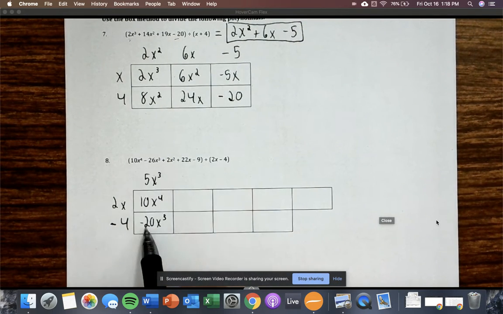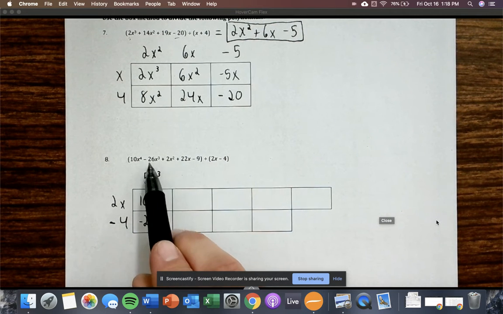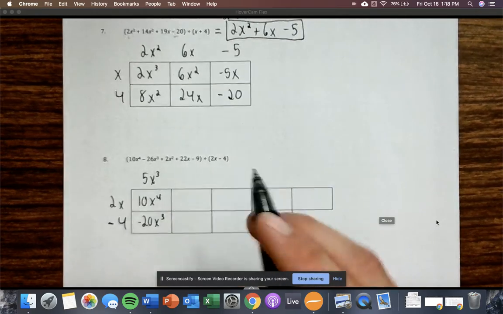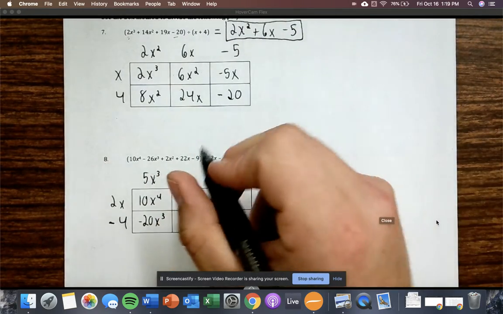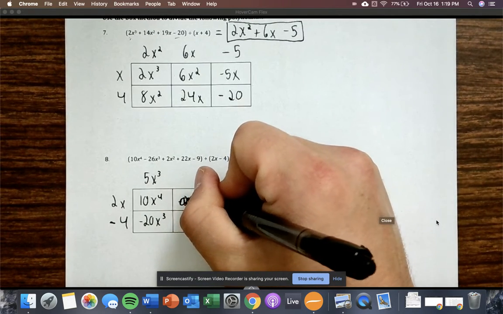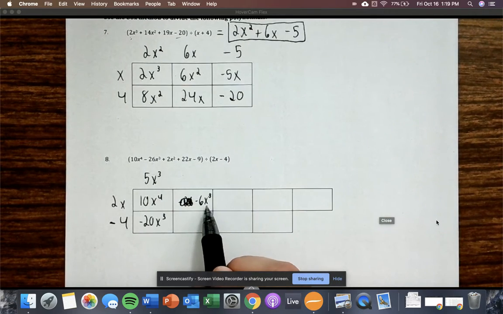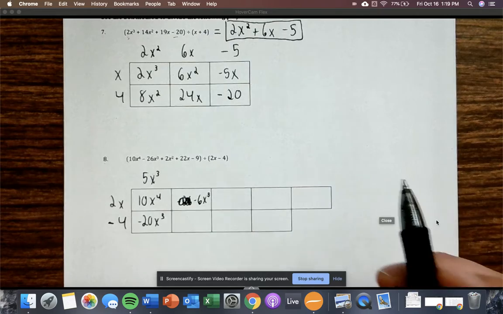Then I have negative 20x cubed, we'll say minus something, has to be negative 26x cubed. Oh, sorry, didn't mean to write that. It's actually just negative 6x cubed, right? Because negative 6x cubed minus 20x cubed gives me negative 26x cubed.